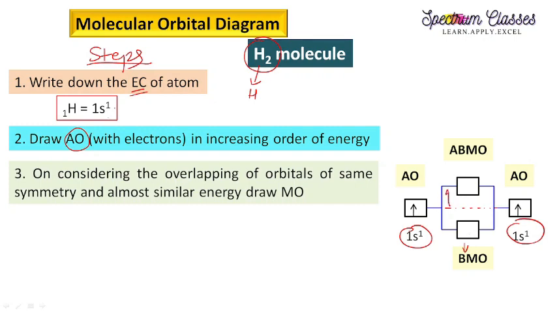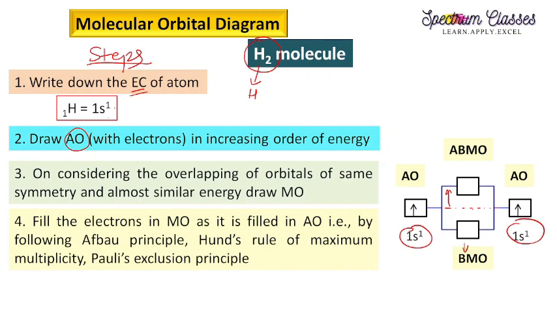And here is the anti-bonding molecular orbital, which is higher in energy than the corresponding atomic orbitals. Right? This thing about the energy we have already discussed in our previous video. So if you didn't check that video, please go and check it. Right? Now coming to the filling of electrons.